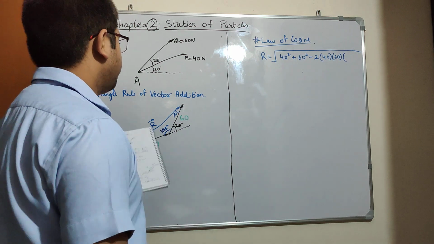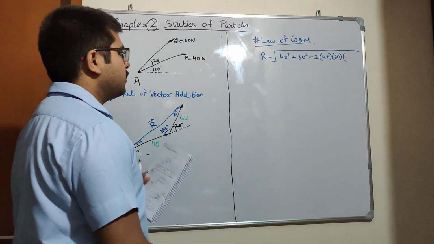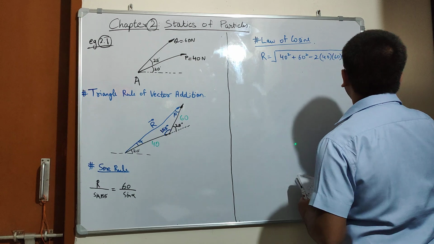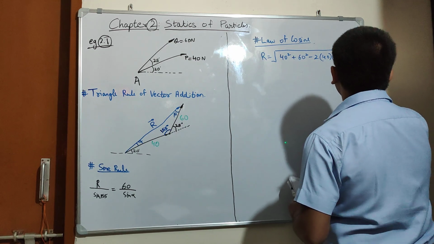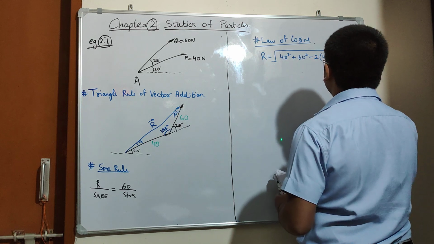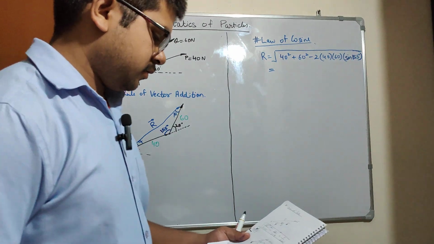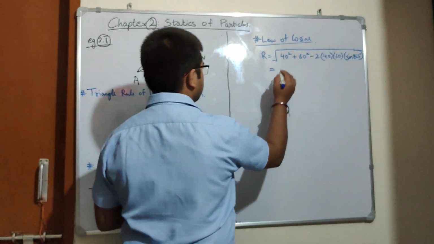That is 155 degree. 155 degree is the included angle. So we write it here, 155 degrees. And you calculate this, it will come as 97.73 Newton.